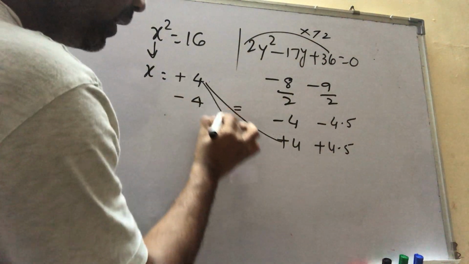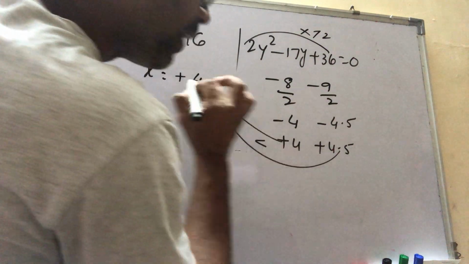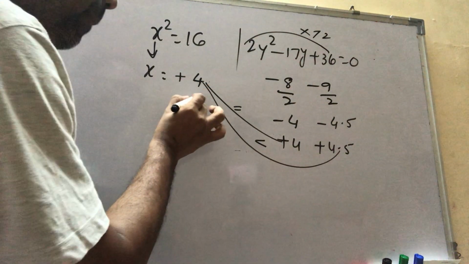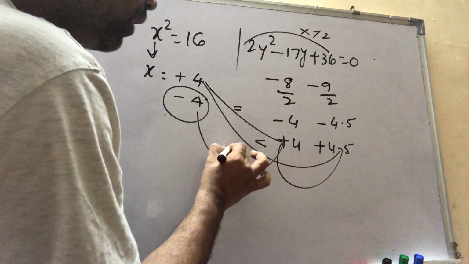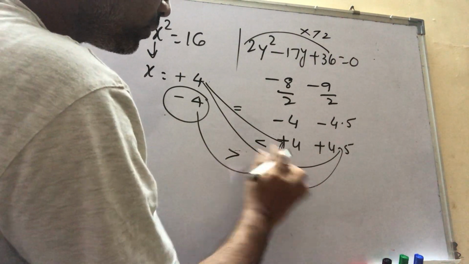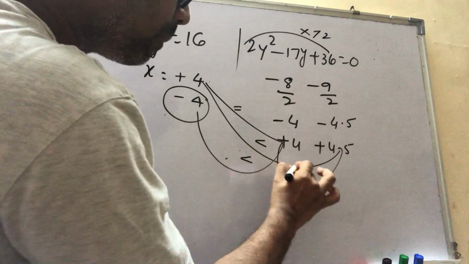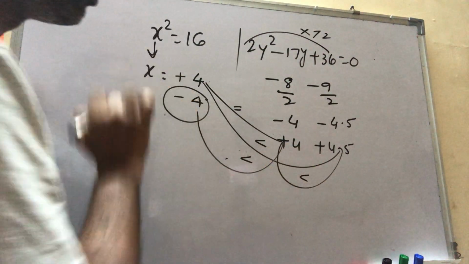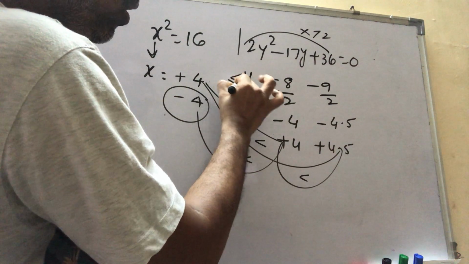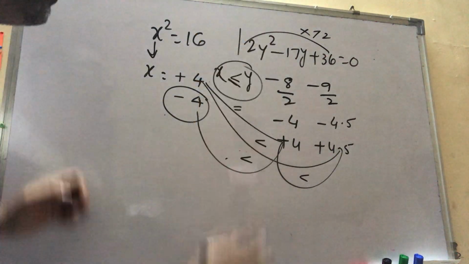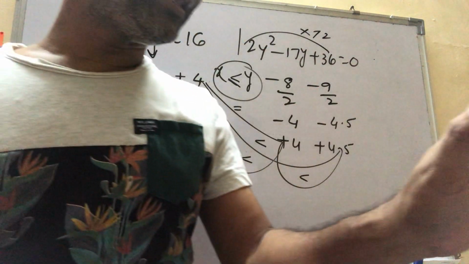And when you compare this with this, obviously 4.5 is greater. When you compare minus 4 with both the plus signs, obviously plus 4 and plus 4.5 are greater than minus 4. So your answer is: y is greater than or equal to x. Write this down. Hope this is clear to everyone.